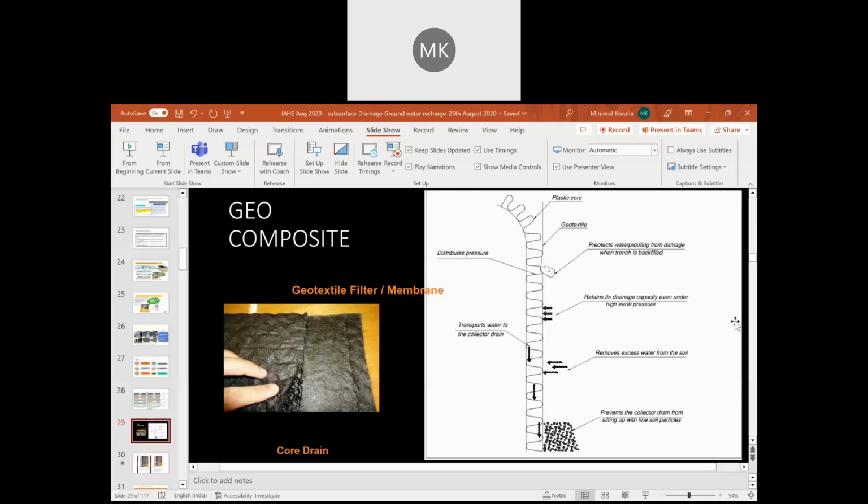The first is geotextile. Geotextile is a fabric which can be non-woven or woven. Woven geotextile is like our regular cloth, which has warp direction and weft direction.